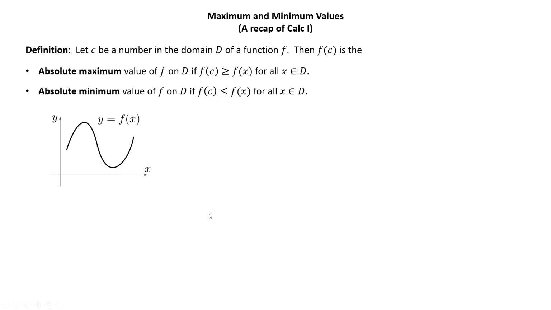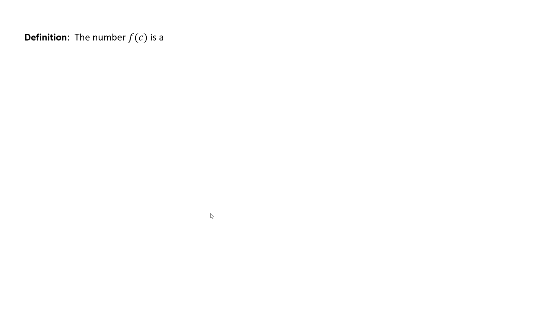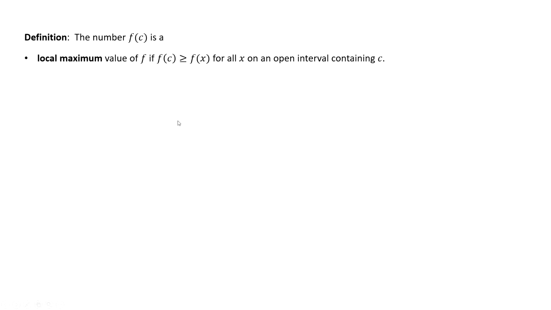As simple as that. Now, the absolute minimums and absolute maximums are fairly straightforward intuitively. But then there comes something called a local maximum.